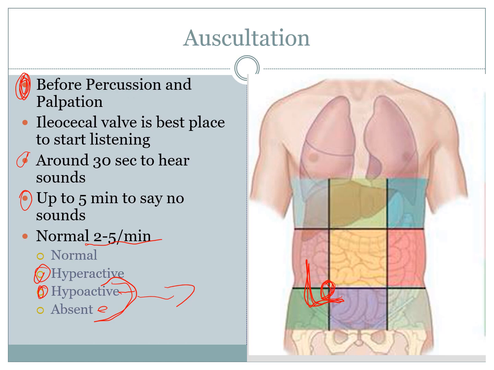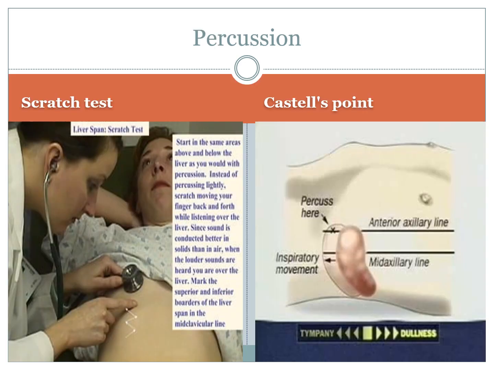Once auscultation is finished, you don't have to put your stethoscope away because sometimes percussion can be enhanced with the stethoscope itself. So percussion is used to understand the general mass or the general tympany of the actual abdominal cavity.